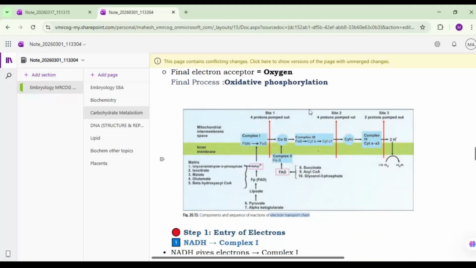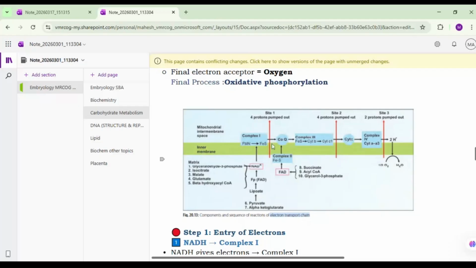Let us look at this particular figure. This is the inner mitochondrial membrane. This side is the matrix of the mitochondria, and this is the outer mitochondrial membrane. In between the outer and the inner membrane, there is the intermembrane space. The electron transport chain is located on the inner mitochondrial membrane, and there are 4 complexes on it.